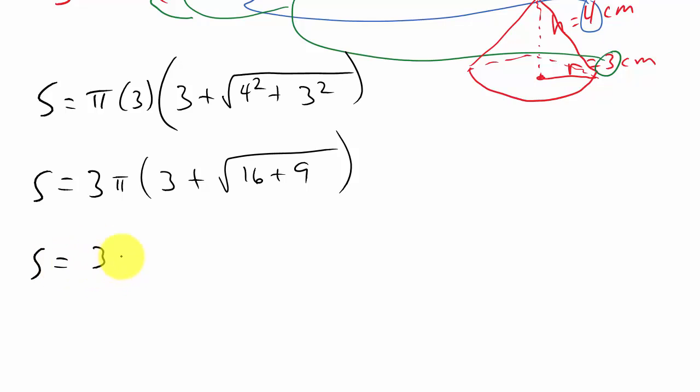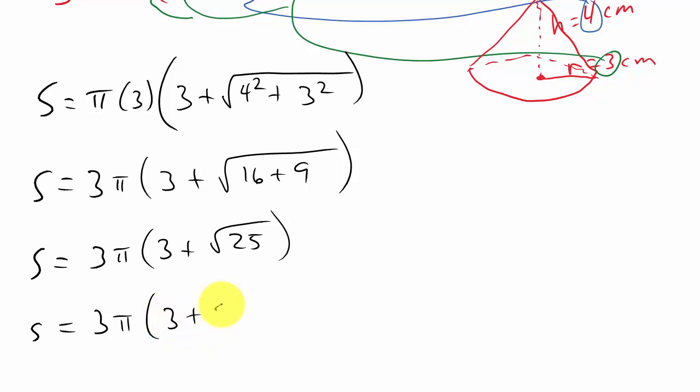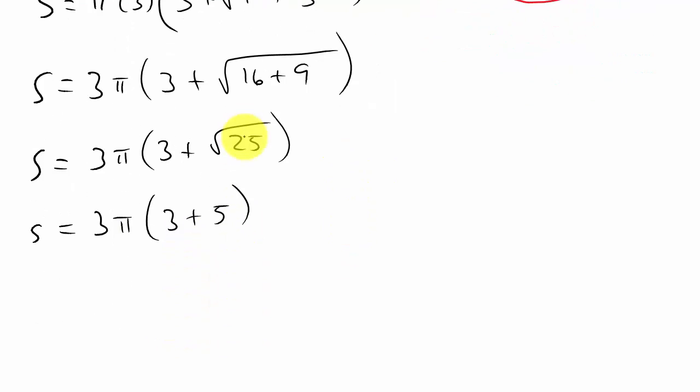So S is 3 pi times 3 plus the square root of 25. And so S is 3 pi times 3 plus 5. Square root of 25 is 5. So that's 3 pi times 8, which would be 24 pi.